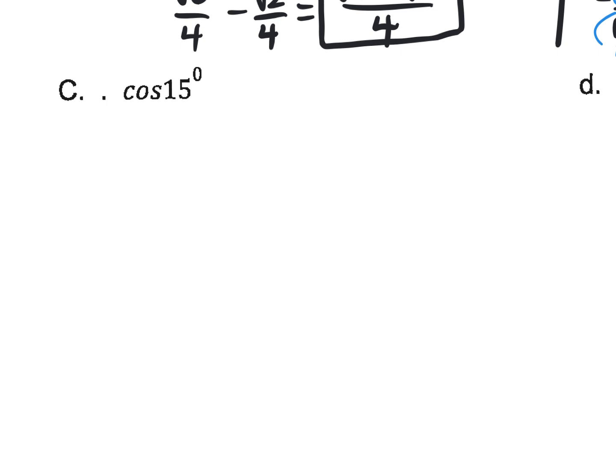Do we get to pick either one? Well, not for 15. What adds up to 15 off the unit circle? Nothing. So it's going to have to be subtraction for this.